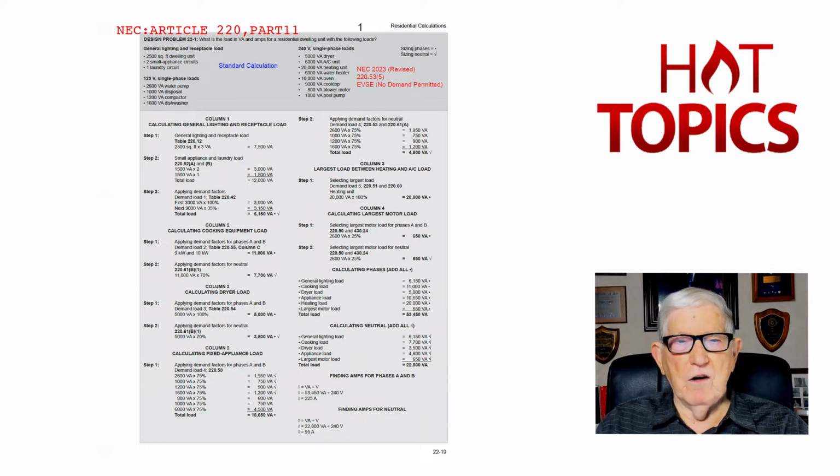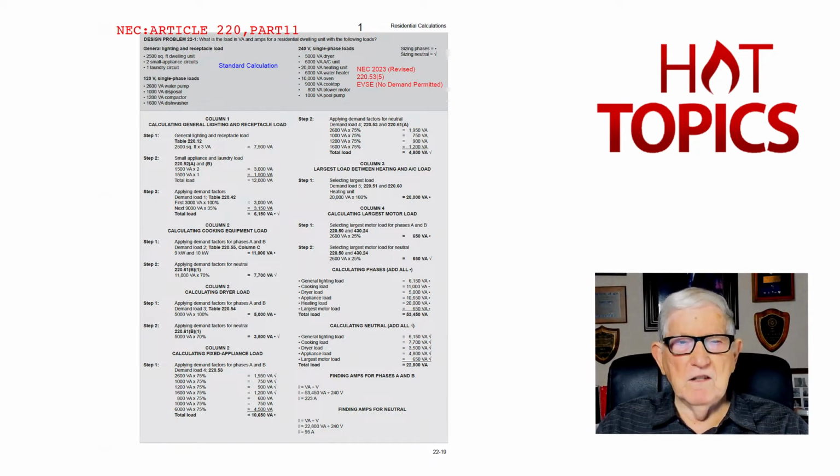Now, the dryer equipment, then we would have 5,000 is what we would use. If we had over 4, we could have a demand factor. But since we do not have that total, then 220.54 table says 100% of that, so 5,000. Anything below 5,000, you bring it up automatically to 5,000, but this section, 220.54.